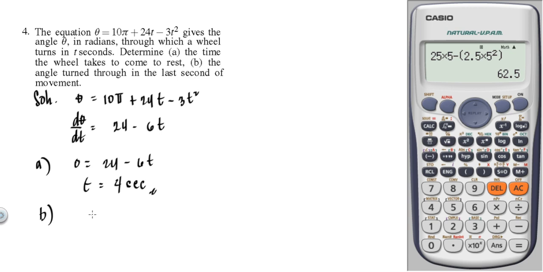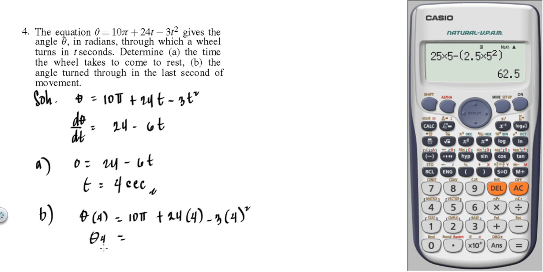So, let us compute theta of 4 first. Theta of 4 equals 10 pi plus 24 times 4 minus 3 times 4 squared.